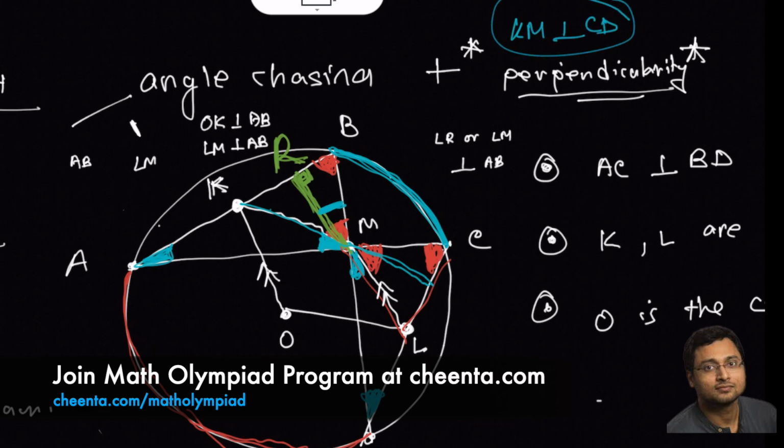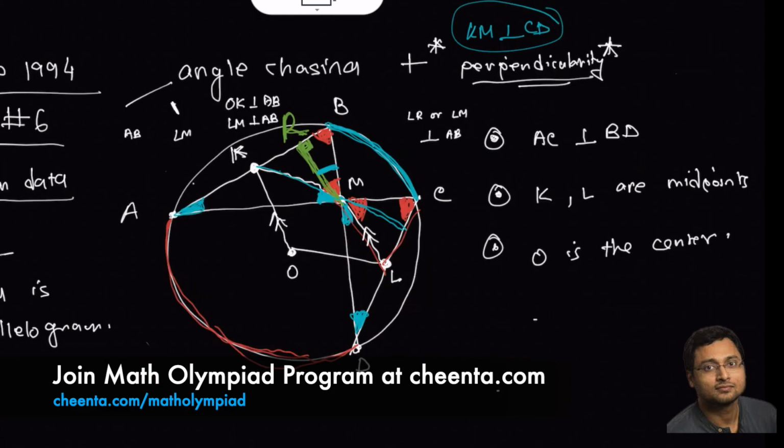It's exactly the same way we did the OK perpendicular, LM perpendicular to AB thing. Now if you can show that OK is parallel to LM and KM is parallel to OL, because KM and OL are both perpendicular to the same line, then if both pairs of sides are parallel to each other, that's a parallelogram and we would be done.